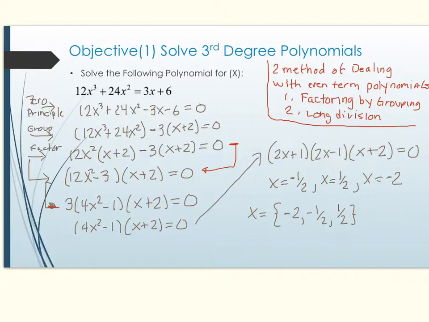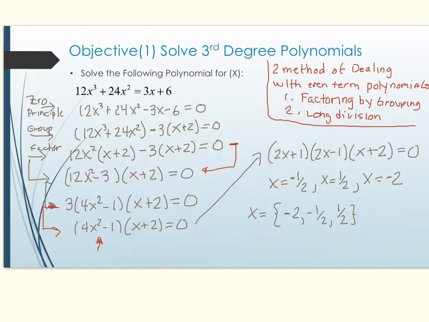And then we're going to divide 3 from both sides of the equation. When we do that, we end up with this last equation, 4x squared minus 1 parentheses x plus 2, which equals 0. You'll notice that this is a perfect square, and so we can factor further.